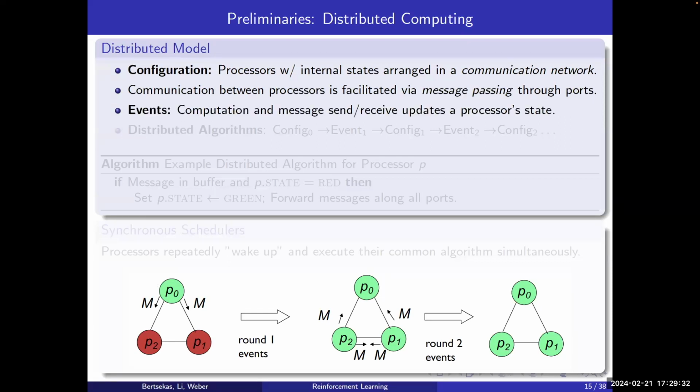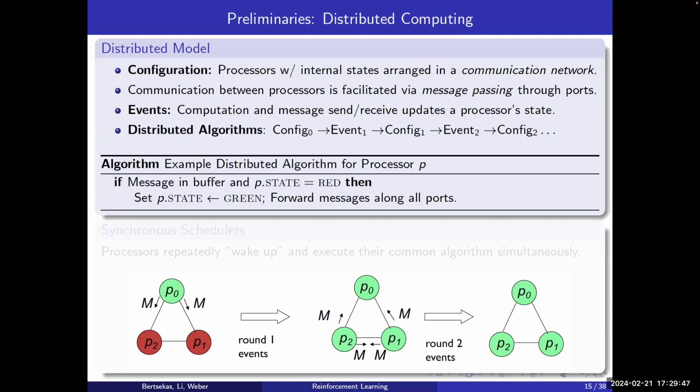There's this object called an event, which is characterized by either a computation, the sending of a message, or the receiving of a message, or anything that can update the state of an individual processor. And then a distributed algorithm is something that you can think of as sort of like a transition function. It's an individual protocol that is assigned to a specific processor.